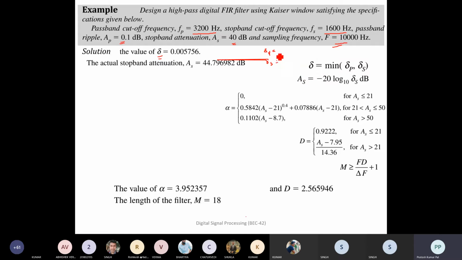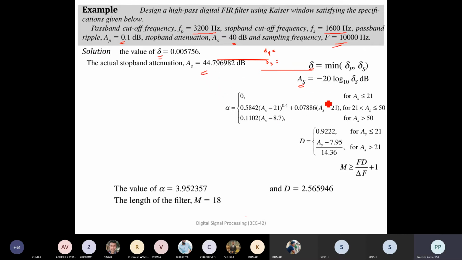Based on that, we will be finding delta p and delta s. Once we have found them, the minimum will be this one. Along with this delta value, we will be finding the attenuation value. From there, with respect to that, we will find the A S value.